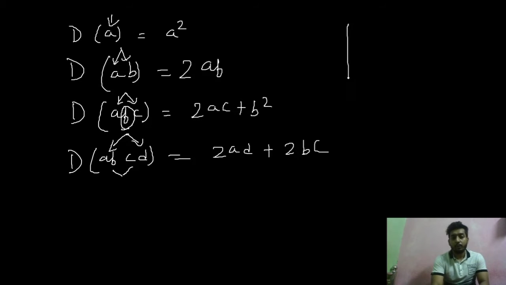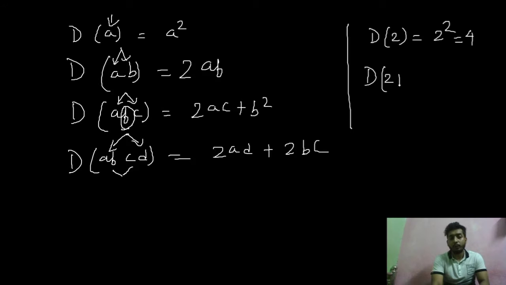Suppose, for example, what will be the duplex of 2? It is a one digit number, so the duplex of 2 will be 2 square, that is 4. Now what will be the duplex of 24? This is a two digit number, so the duplex will be 2 into 4 multiplied by 2, that is 16.